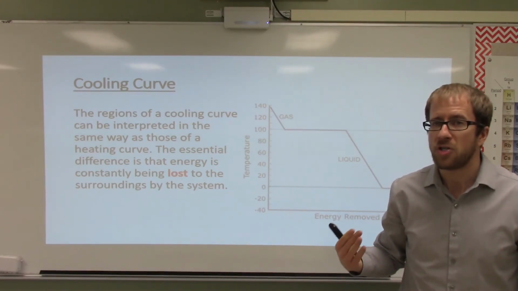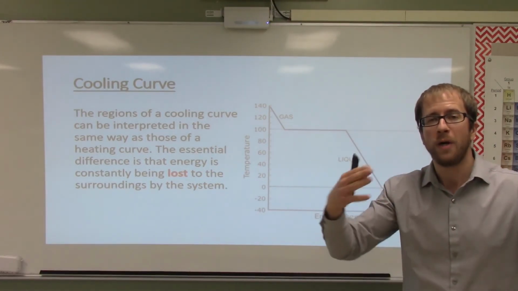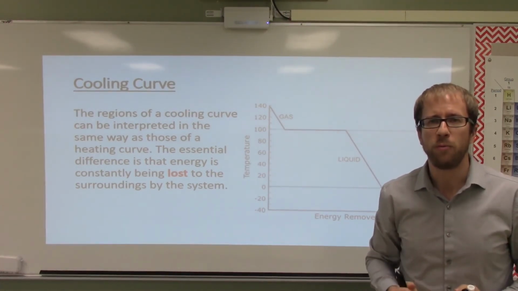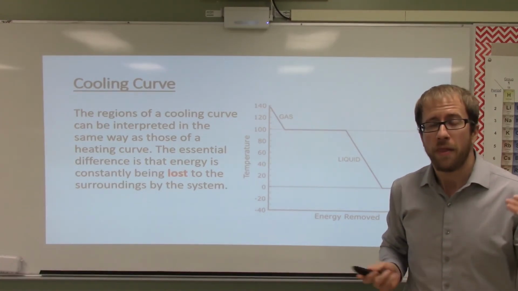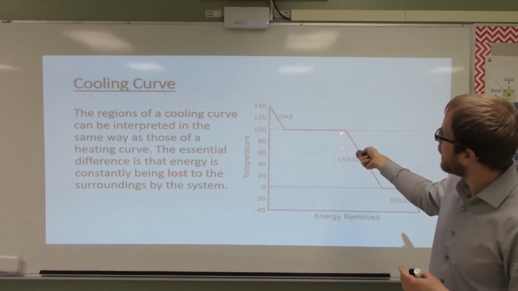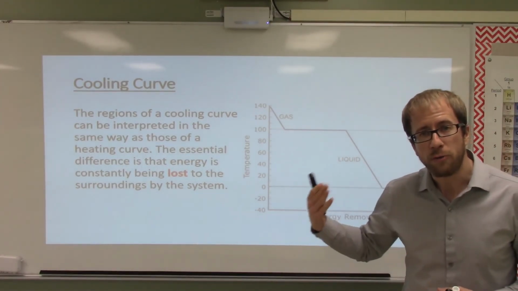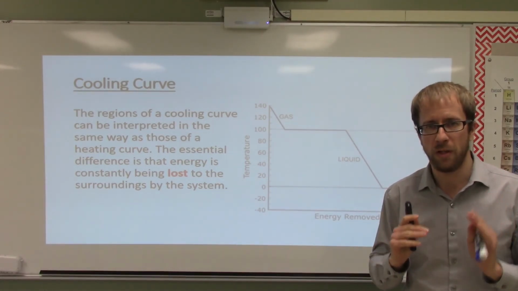And as a result of forming new interactions, that's going to release energy, and that released energy needs to be removed to continue the process of condensation. So that is why it flatlines there at 100 degrees. It will not continue to decrease in temperature until all of that gas has turned into a liquid.